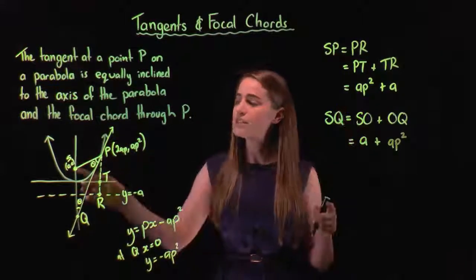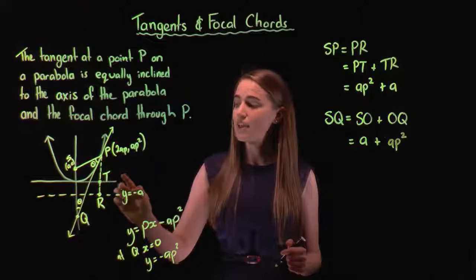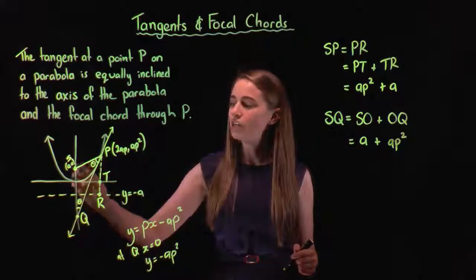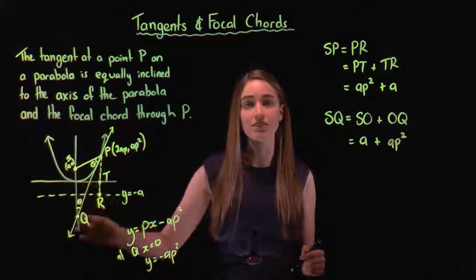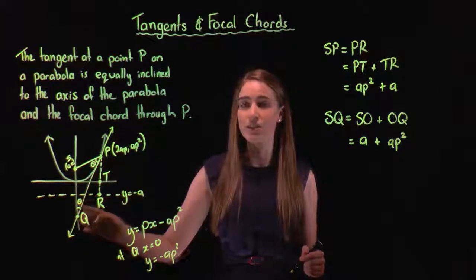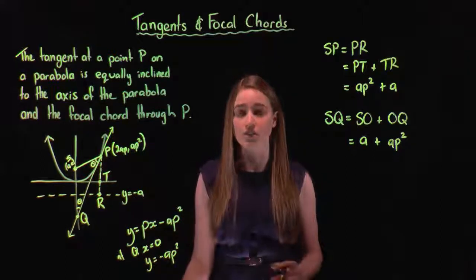So the distance SP is equal to the distance SQ, which makes the triangle SPQ an isosceles triangle. That means that this angle here is equal to this angle here because they're base angles of an isosceles triangle.